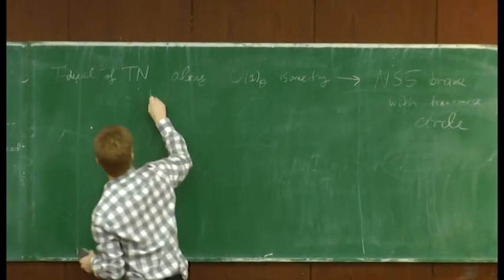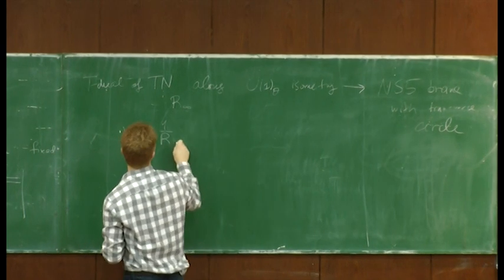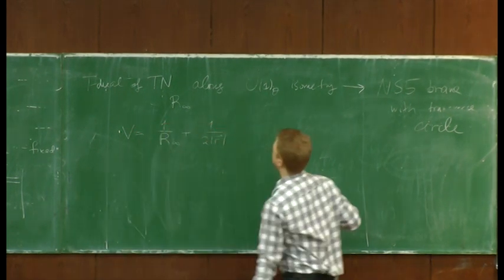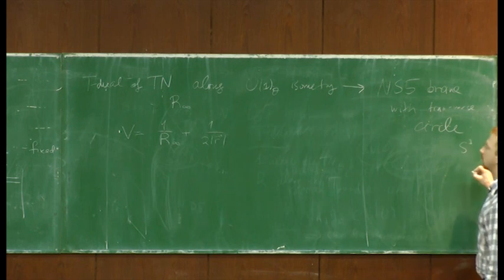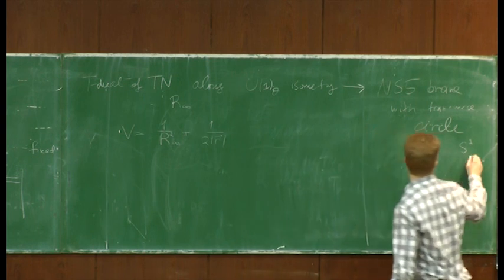So if the Taub-NUT had this radius R, which was the asymptotics of this V function, let me call it R infinity, I suppose that circle will have the radius, well, it's actually R squared, if dimensions are right.